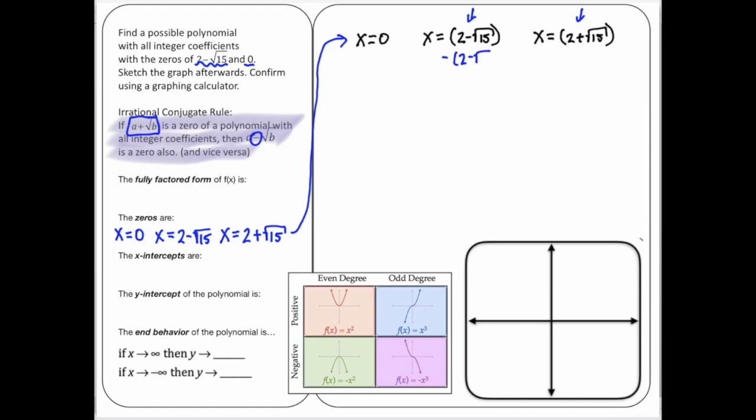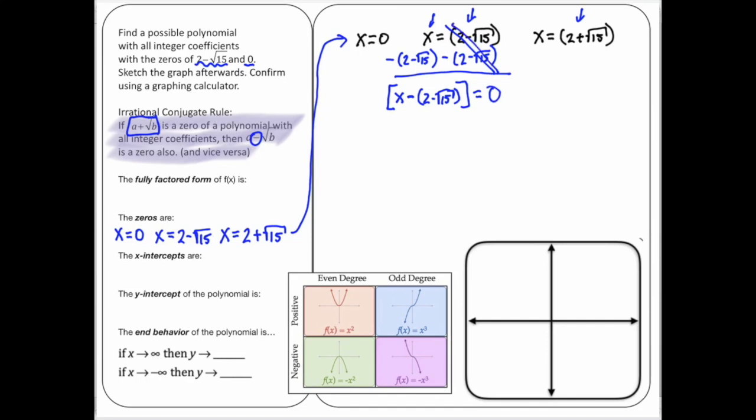I know it's written kind of funky, and boy, I got myself smashed in here. Okay, so those go out, and so we would have, now watch the way that I'm going to write this, x, then minus, and then in parentheses, 2 minus the square root of 15, equals 0 from this side going out.